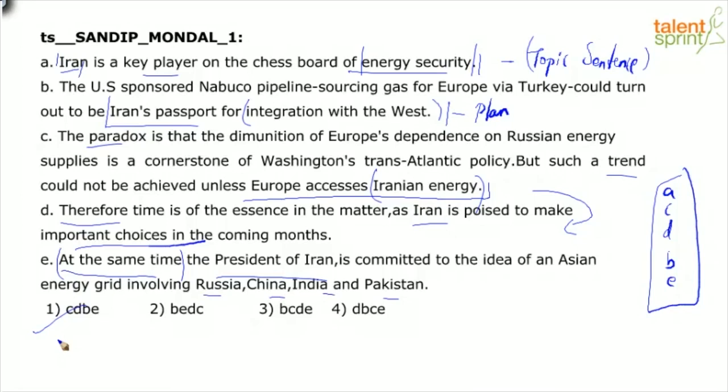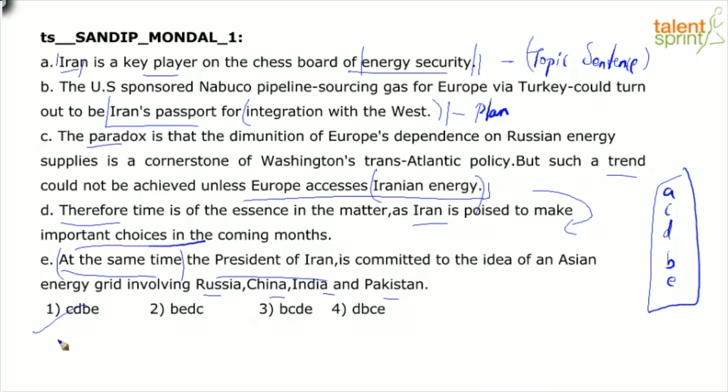It needs Russian energy, right? Because that's the cornerstone for Washington's transatlantic policy. But Europe's dependence is coming down, it's lessening, right? So on one side it is true, on one side it is not true, because if the trend has to continue, it has to access Iranian energy.